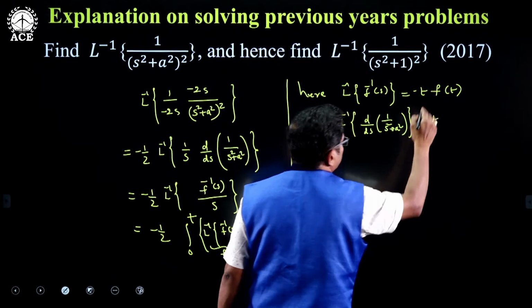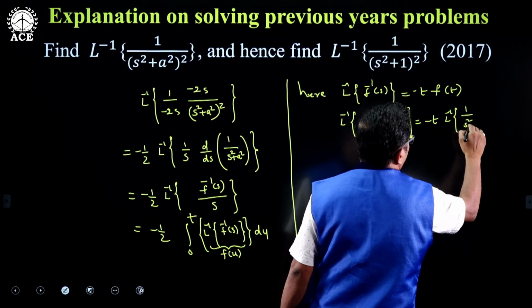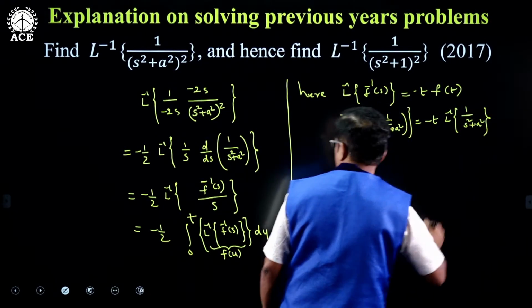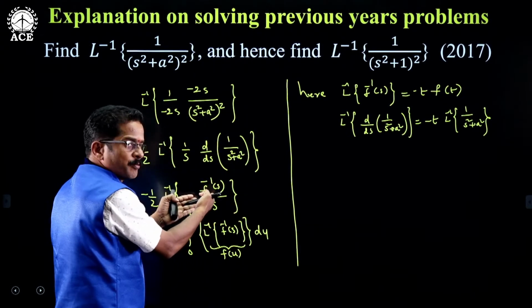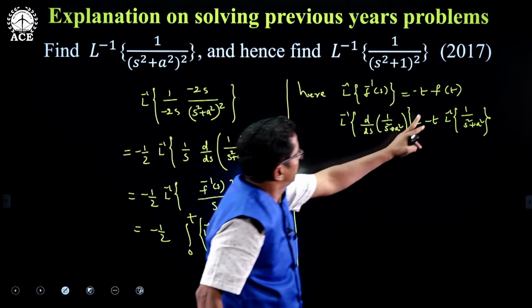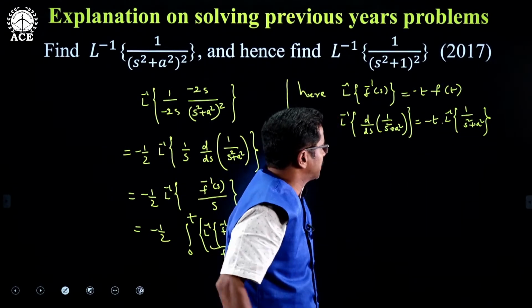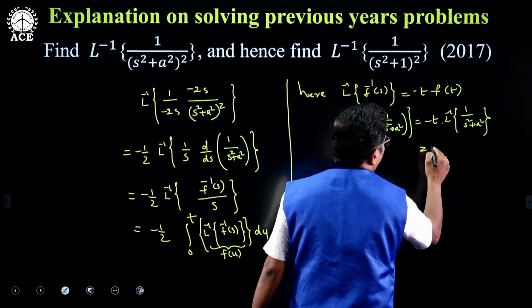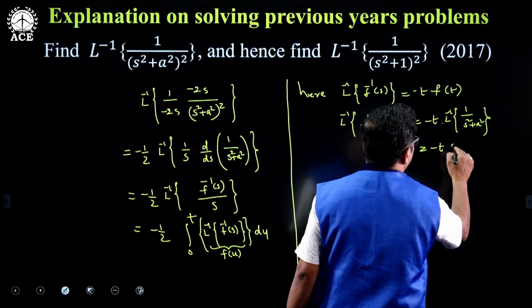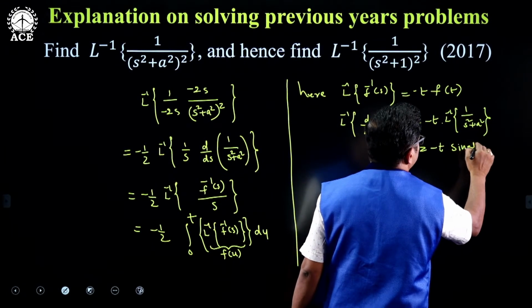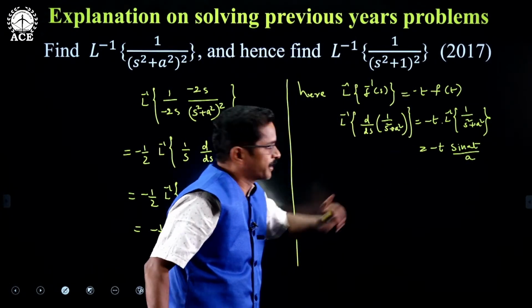So minus t f of t means L inverse of 1 by s square plus a square, because this is f bar of s and d by ds of f bar of s is f bar dash of s. So f of t means L inverse of f bar of s, where f bar of s means 1 by s square plus a square. So this equals minus t into L inverse of 1 by s square plus a square, which is sin at by a.